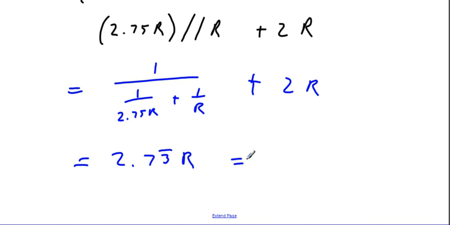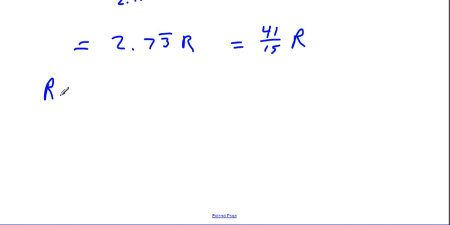And I'm going to use my handy calculator and say if I had 2.73 repeating and I changed it to a fraction, I would end up with 41/15 R. Okay, so the A part of the question wanted to know the total equivalent resistance if the R's are all 125 ohms.